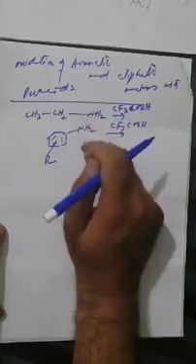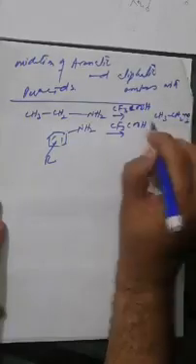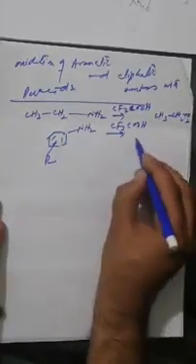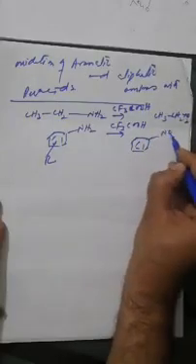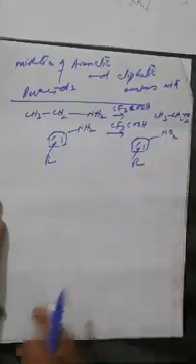So what happens, the amino group changes into nitro. So you get the nitroalkane in the first reaction, and aromatic nitro compounds in your second reaction.